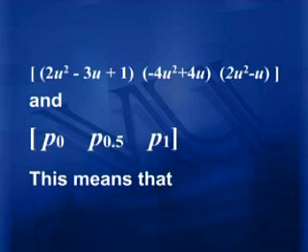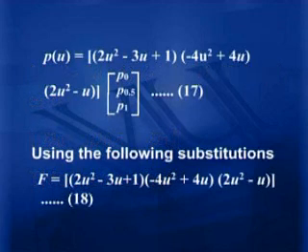The second element is minus 4u squared plus 4u. And the third element of the matrix is 2u squared minus u. And the second matrix would be P0, P0.5, and P1.